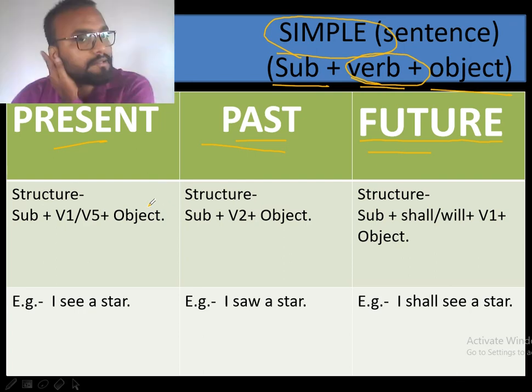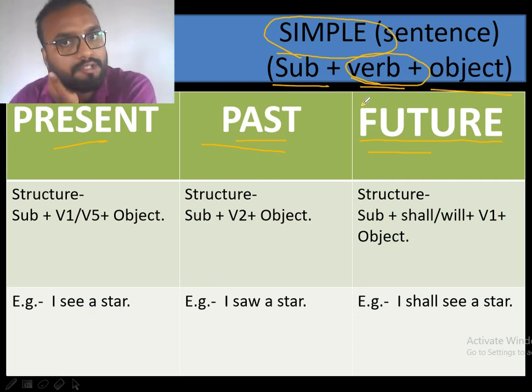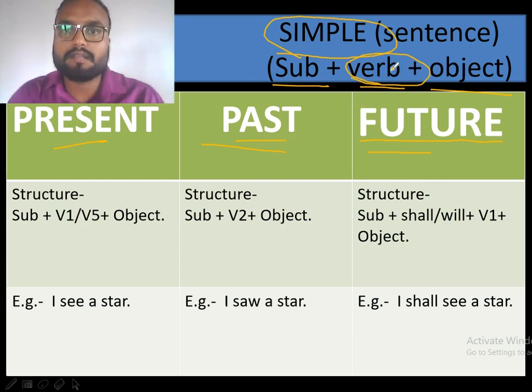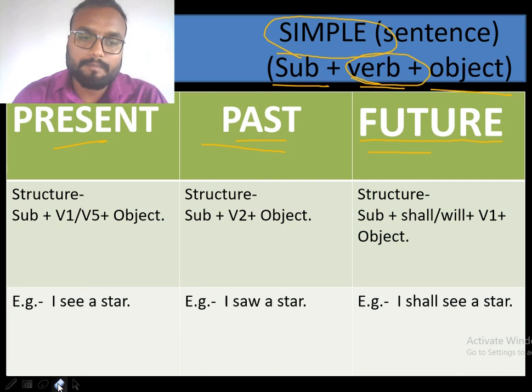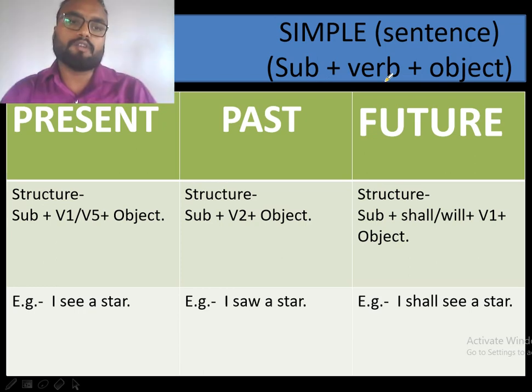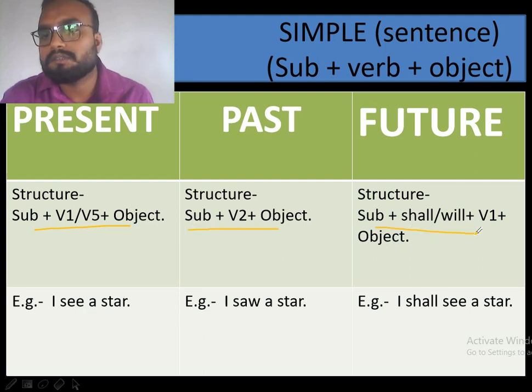Now as I told you, simple refers to simple sentence, and the structure of simple sentence is subject, verb and object. So the structure of simple sentence will be taken over here in all the three cases, whether it is simple present tense, simple past tense or simple future tense.